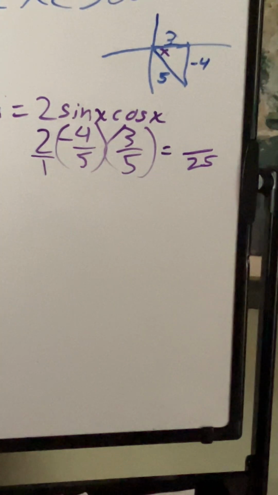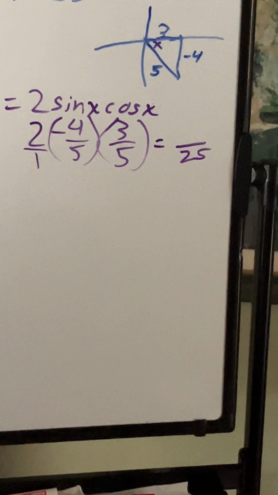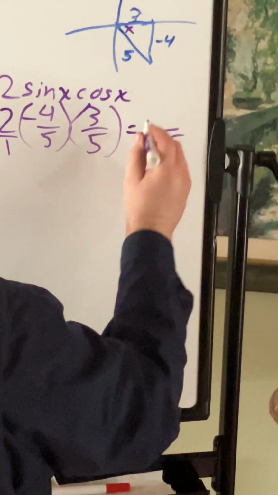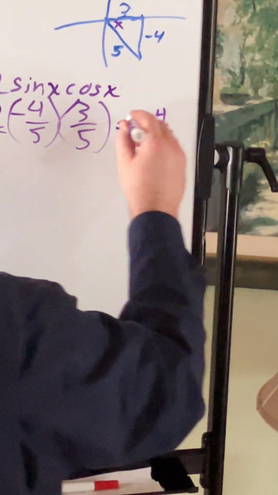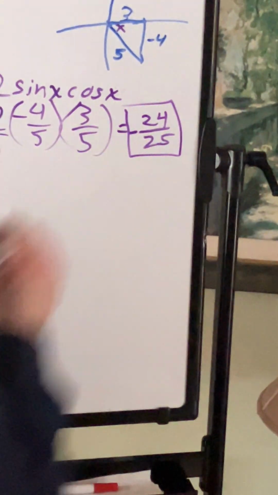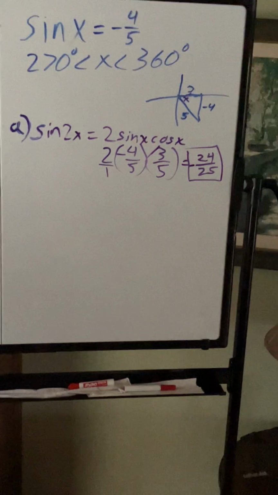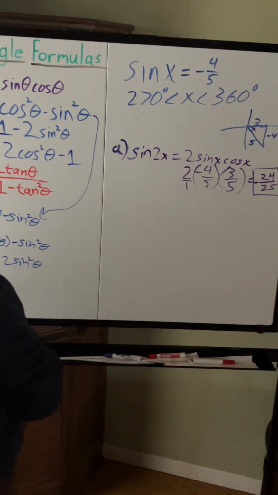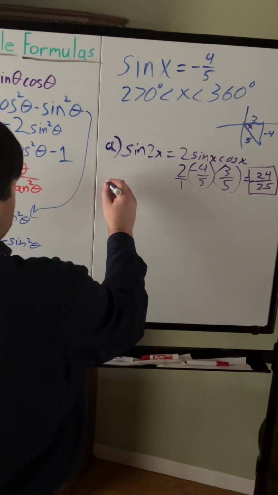Our numerator is 2 times -4, that's -8, times 3, that's -24/25. All right, so that's for sine 2 theta, or sine 2x in this case.